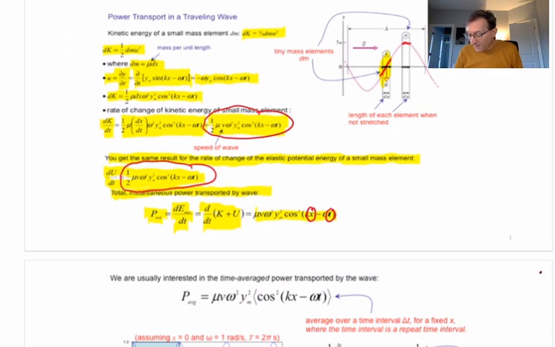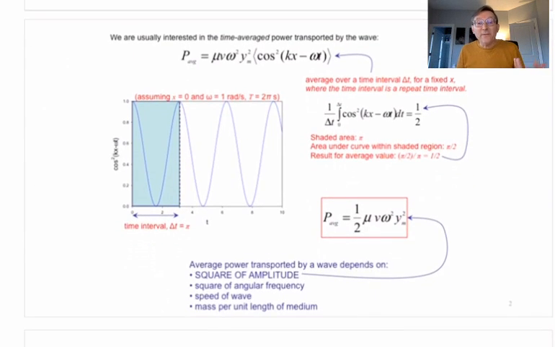We'd rather just have, basically, an average value for the power. So what we're usually interested in, whoops, pardon me, I meant to have the highlighter, is the time average power transported by the wave. Just tell us how much power is being transported on average. How do we find that from our instantaneous power?